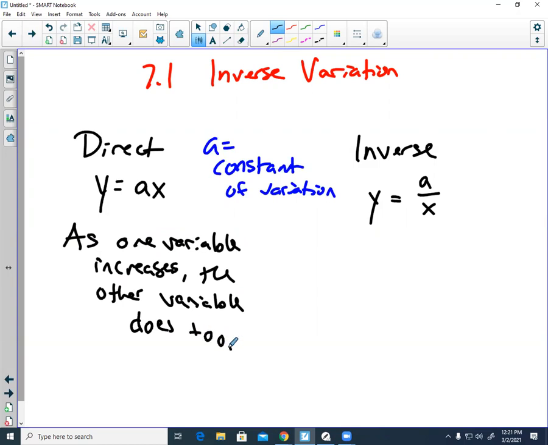And I'm going to put increases in quotation marks because it could also decrease. So as one variable goes up, the other one goes up, or as one variable goes down, the other one also goes down. They go the same direction. X increases, Y increases, X decreases, Y decreases.